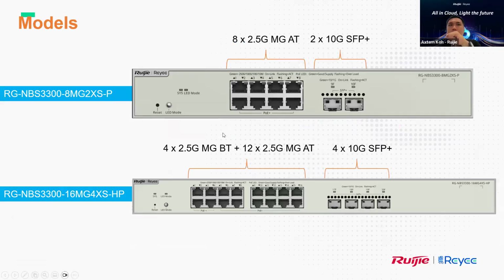So the product overview has 2 models: 8-port RJ45 2.5G/1G with 2-port 10G SFP+, and 16-port 2.5G/1G with another 4 10G SFP+ ports.